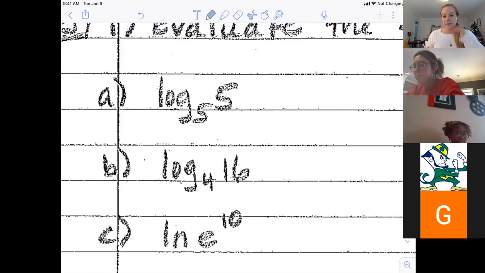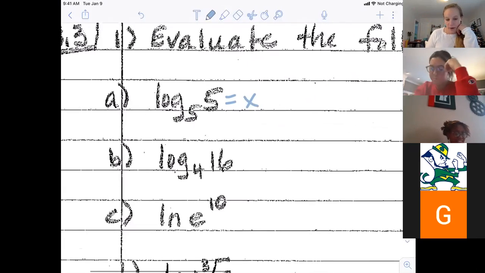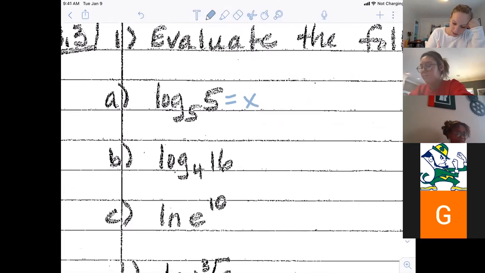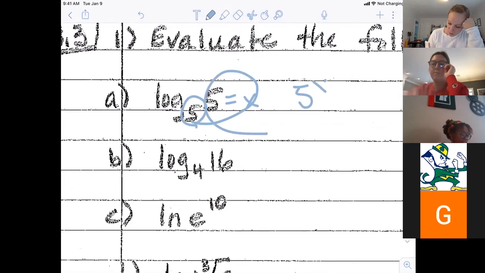So I'm going to come over here. You can write a little x over the other side so you have an equal sign somewhere to roll to. It doesn't say without a calculator, but we're going to do these without calculators. I'm going to go from the first number I see, which is 5, across the equal sign through the other 5. So I go 5 raised to the x equals 5.